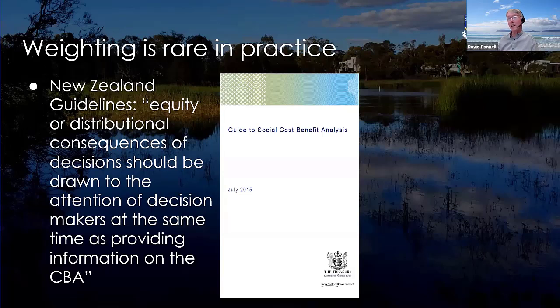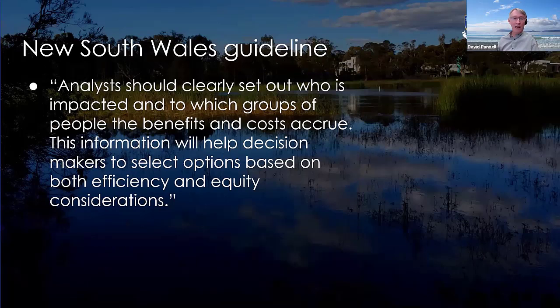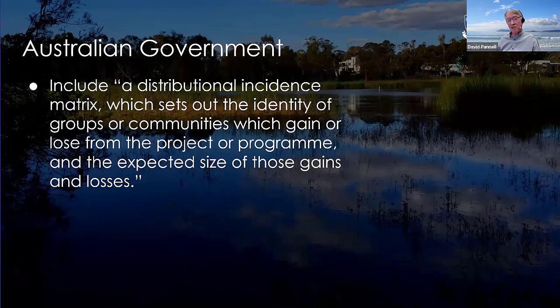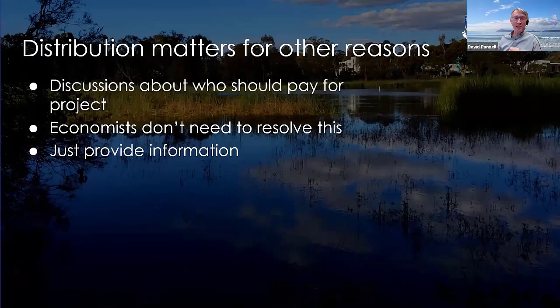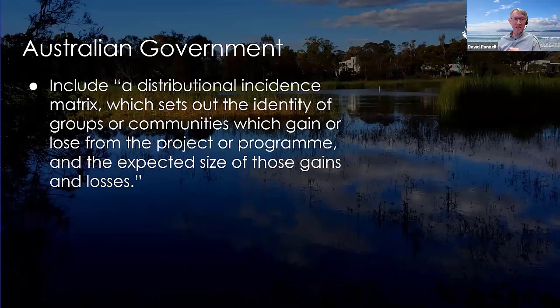They don't say, apply weightings. And so do the New South Wales guidelines, and so do the Australian guidelines. The Australian guidelines even go further, and they actually say, we don't want weightings. They say, don't weight, just tell us what's happening, who's a winner and a loser, and that's the sort of thing that should be judged at the political level.